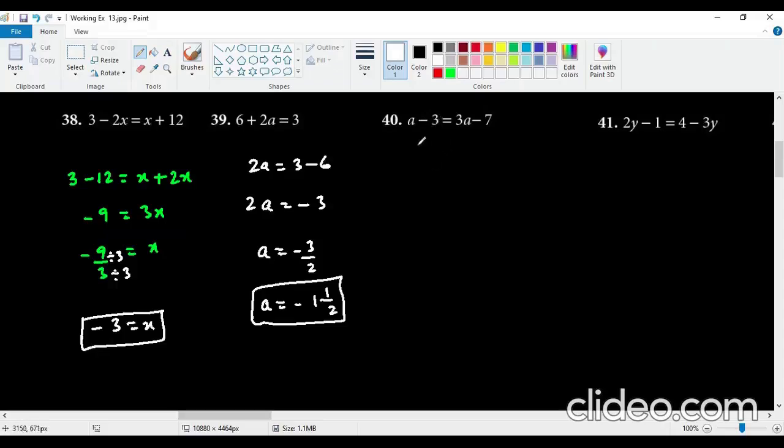Now in here, negative 3 plus 7 and 3a minus a, that means it's going to give us a 4 equals 2a. That means a equals 4 over 2, and required answer is a 2, because 4 divided by 2 is going to give us a 2.